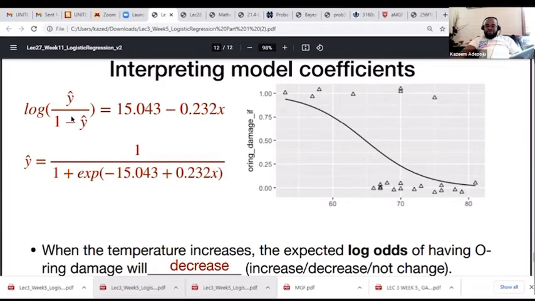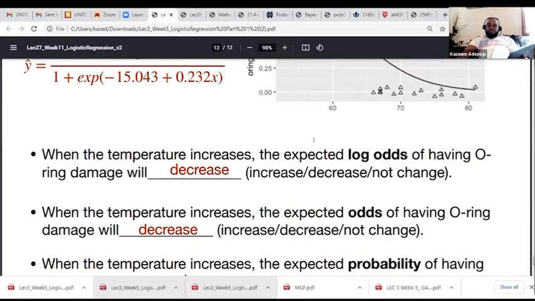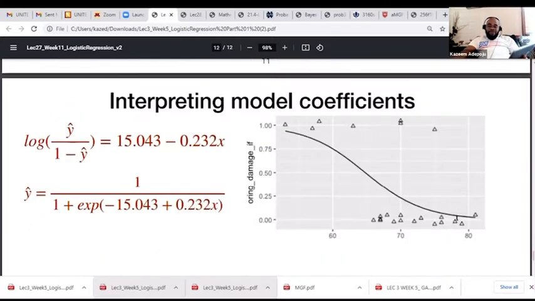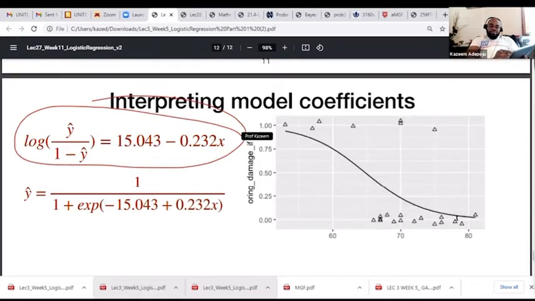But you know what? Whatever happens to the log odds is the same thing that is also going to happen to the odds. There's a decrease here, so this is also going to decrease. So when the temperature increases, the expected odds of having damage will decrease. If you want to find the expected odds from the log odds, what am I going to do? The expected odds is going to look like this: exponential of that.